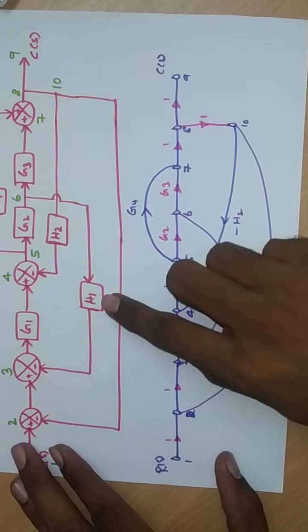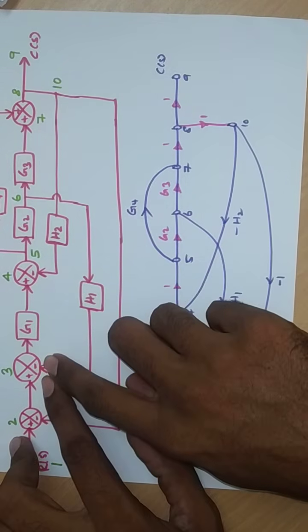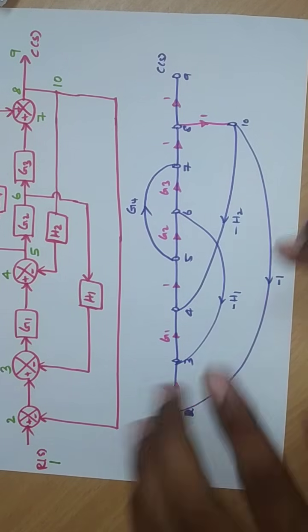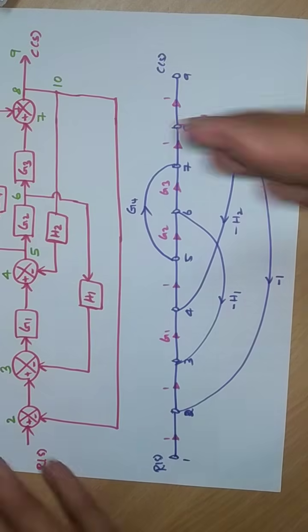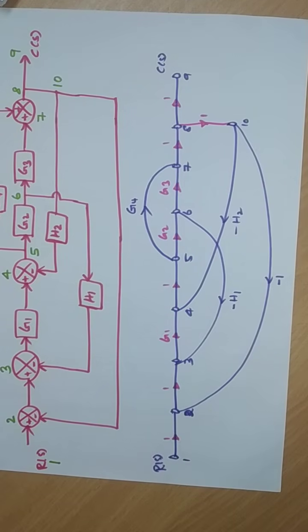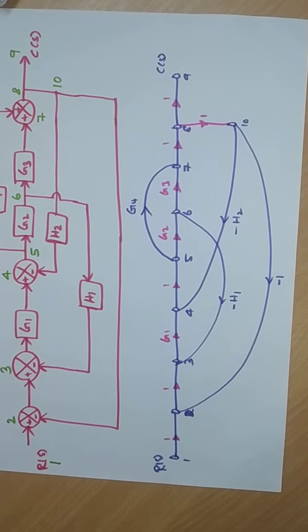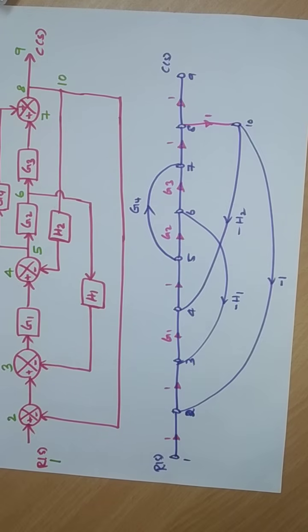If the feedback is H1, it is going to be subtracted here, so mention it as minus H1. Direction is very important. While converting the diagram into an SFG, you need to mark the direction arrows. This is very important, because the direction arrows play a very big role in Mason's gain formula technique. Okay, thank you.